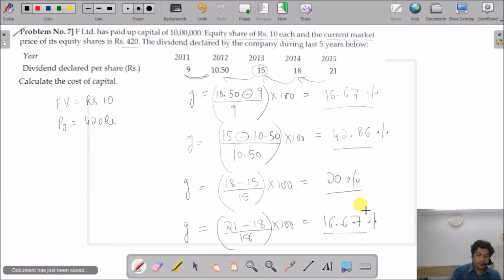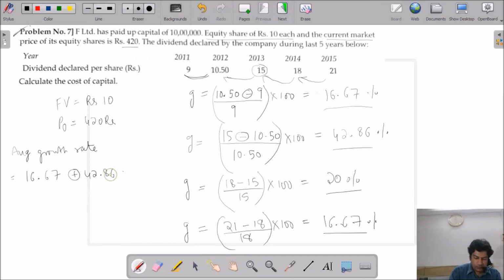So now what we are going to find is the average growth rate. So 16.67 plus 42.86 plus 20 plus 16.67, and 1, 2, 3 and 4.